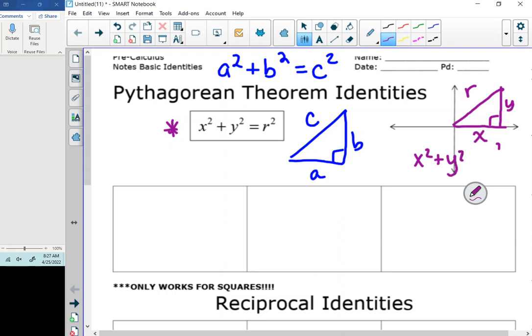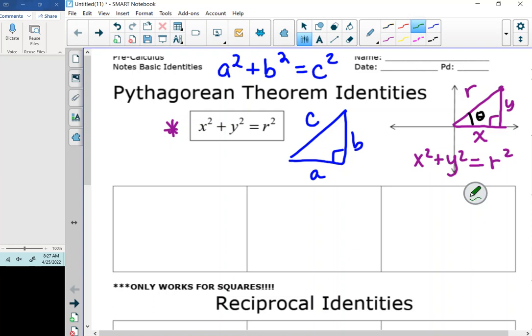So x squared plus y squared equals r squared is the trig world version of the Pythagorean theorem. Because when we talk about a triangle and it relating to locations on a unit circle or an angle of rotation, theta, we talk about x and y and r. Unit circle, we know r is 1.